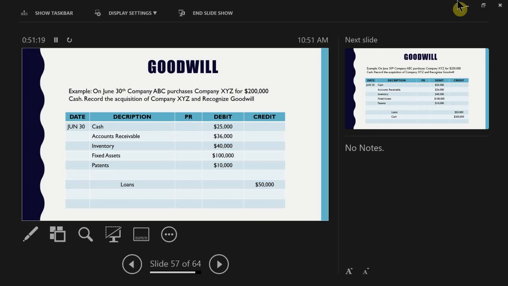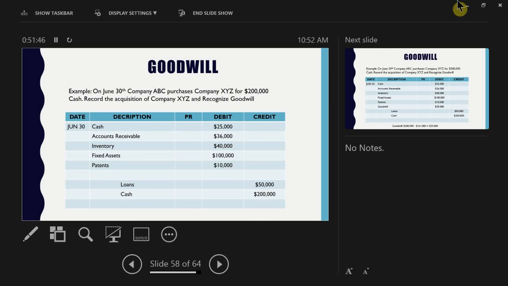I'm going to acquire all the business's assets, including liabilities, at fair market value, not at book value. And I'm going to record the amount of money that I paid, $200,000.